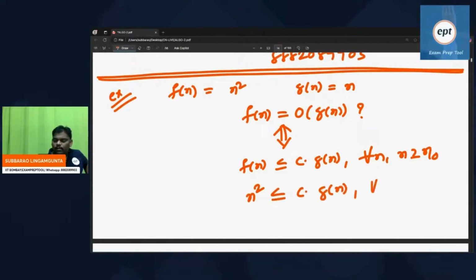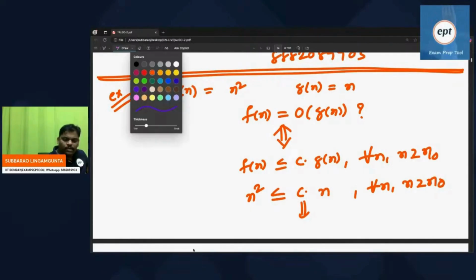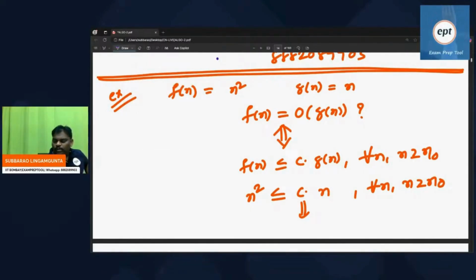But remember, this g of n is n. This is n square and this is n. Comparing left and right, the right should be more or equal.